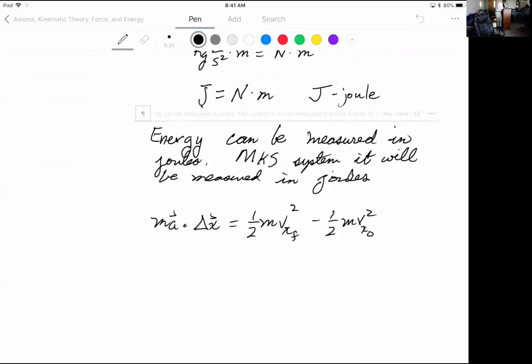So we call the left-hand side change in work. And the right-hand side, we call this the change in kinetic energy.